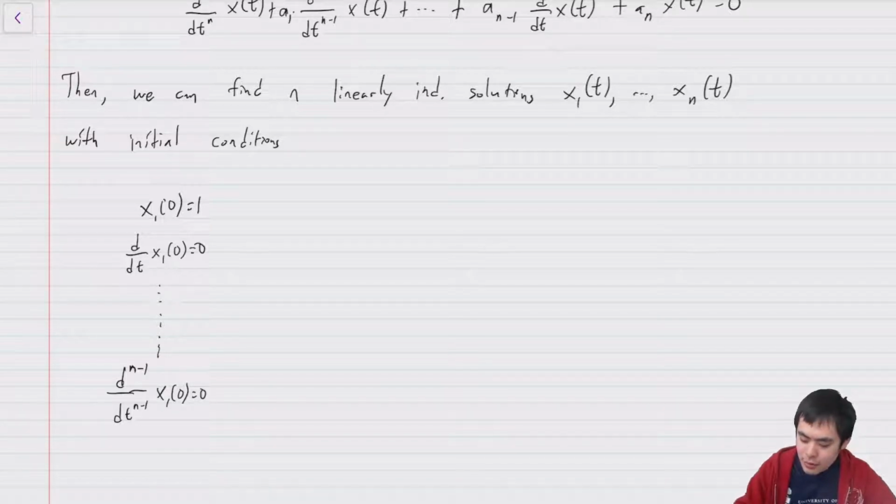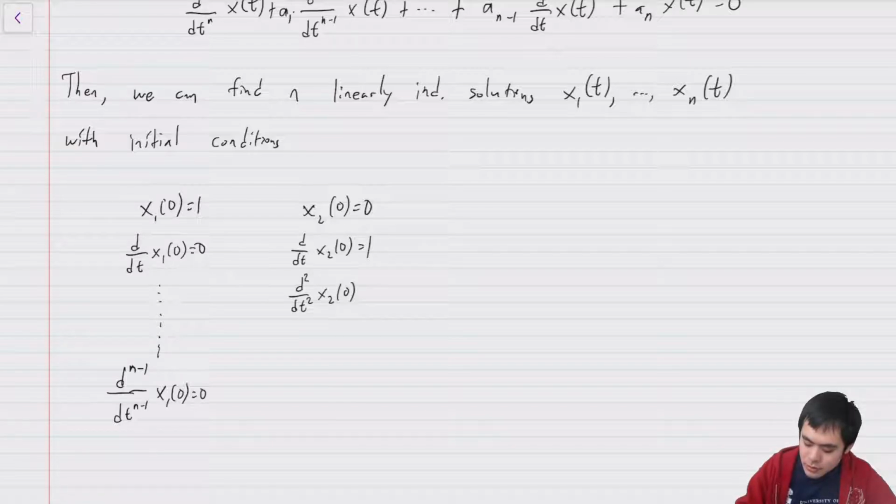For x2, x2 of 0 is equal to 0, d dt of x2 of 0 is equal to 1, d squared dt squared x2 of 0 is equal to 0, and the remainder are all 0.